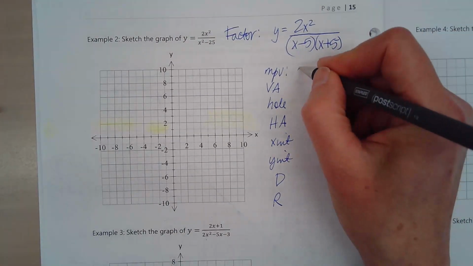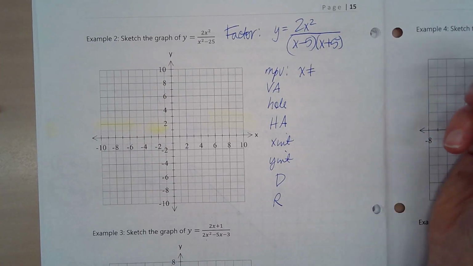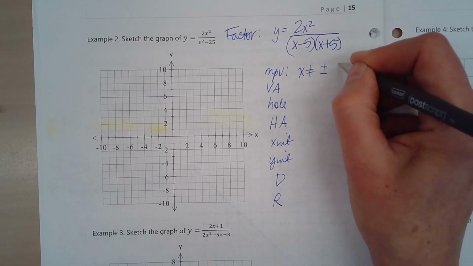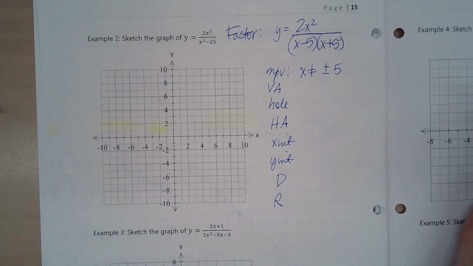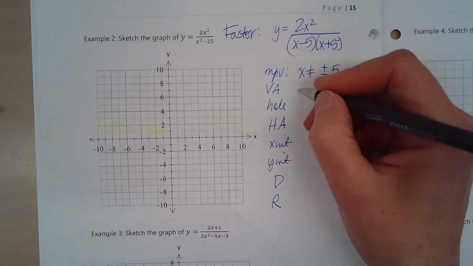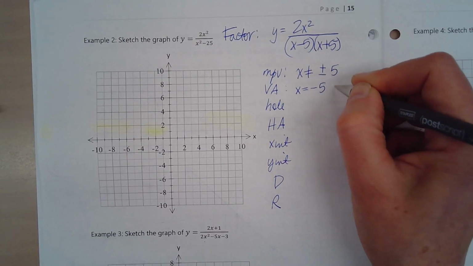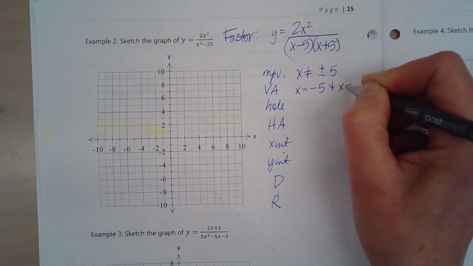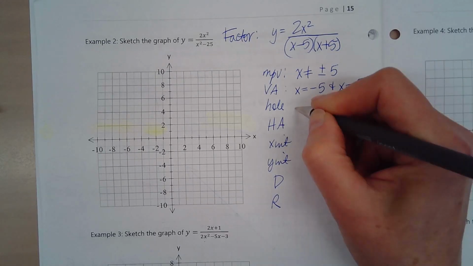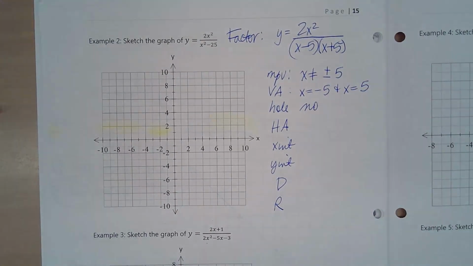What are my non-permissibles? I could write it together like that, right? And no holes, because there's no canceling, so they're both going to be asymptotes. x equals -5 and x equals +5. No hole, nothing canceled.